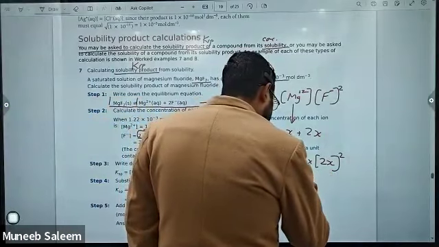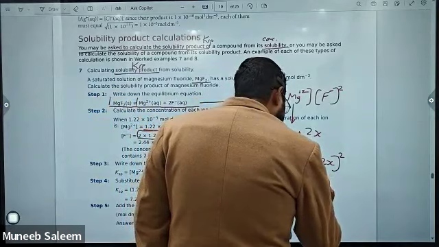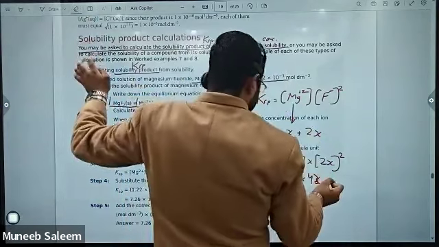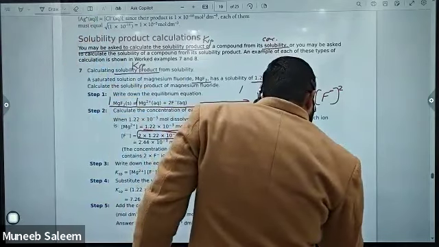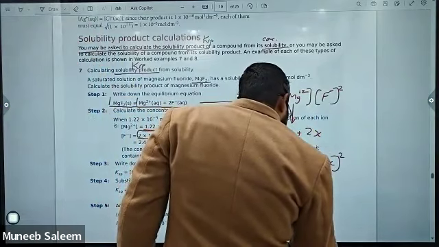So you can have X times 4X squared, or you can have 4X cubed.